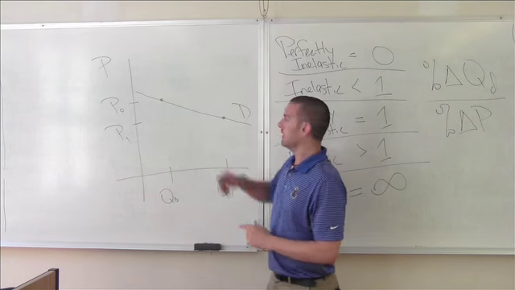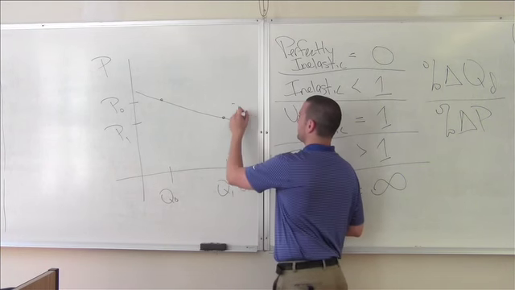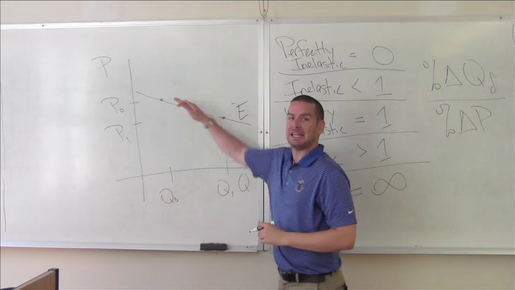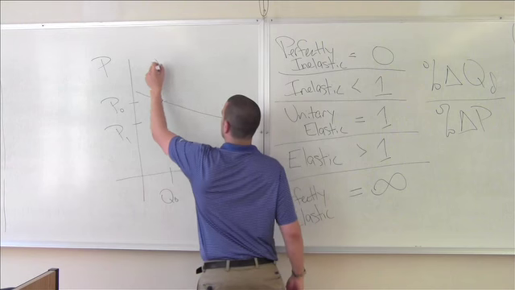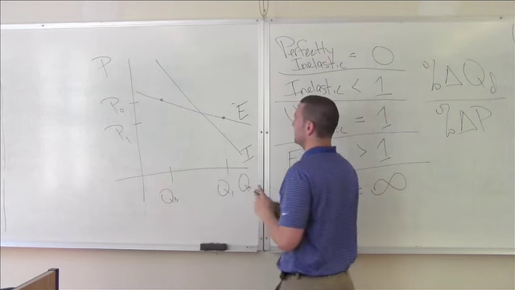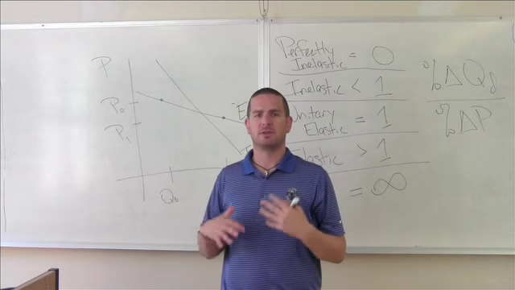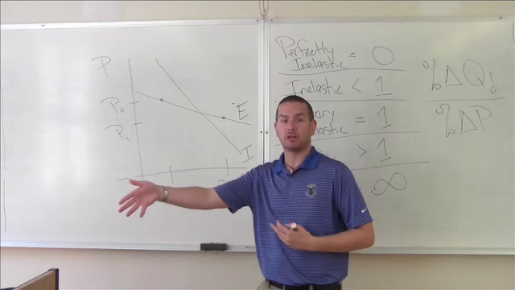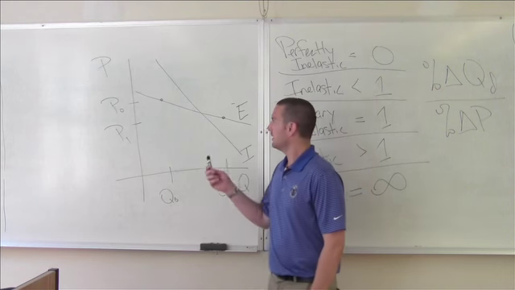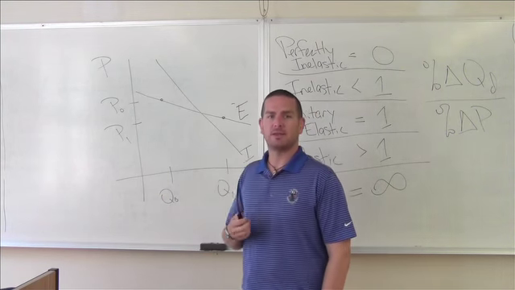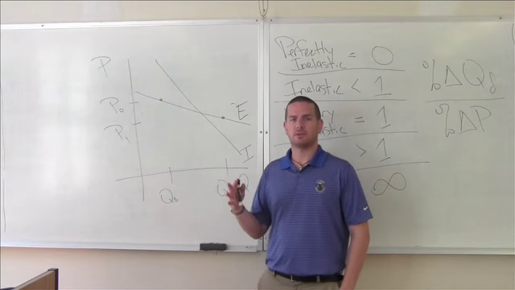I'll label it like this: E for elastic, and I for inelastic. These are both demand curves, but they have different shapes. Just like I said at the top of this lecture, part 3 of week 2, what we're really doing with elasticity is trying to figure out the shapes of the supply and demand curves.